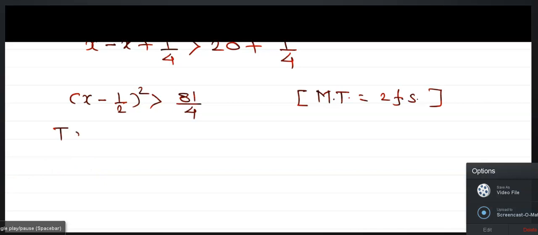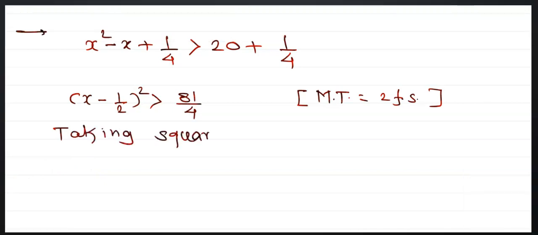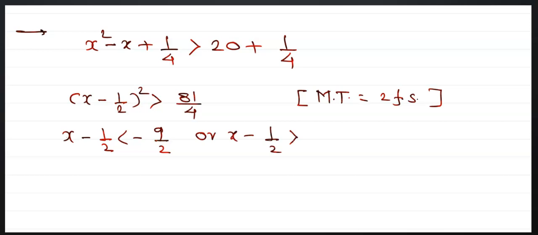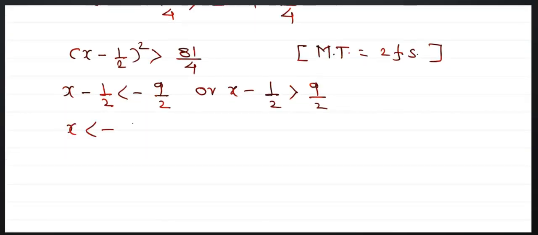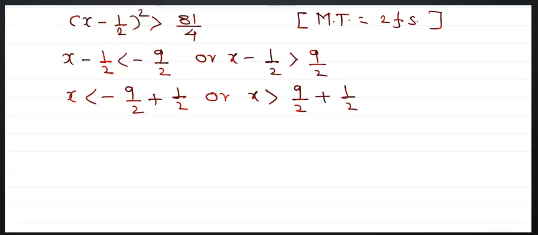Now next is taking the square root. x minus 1 upon 2 less than minus 9 by 2, or x minus 1 upon 2 is greater than 9 upon 2.